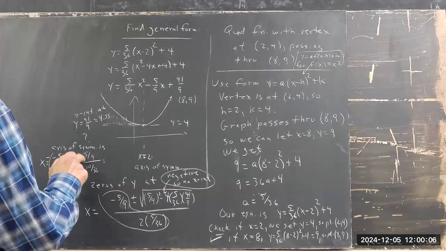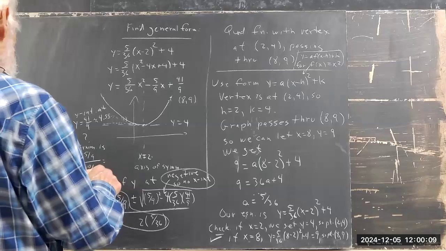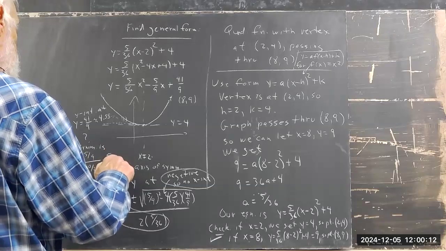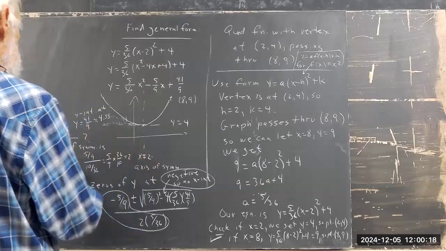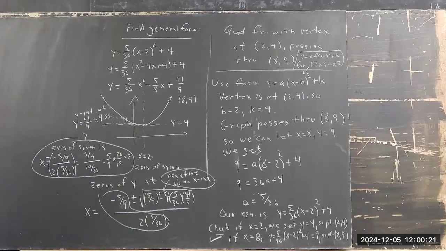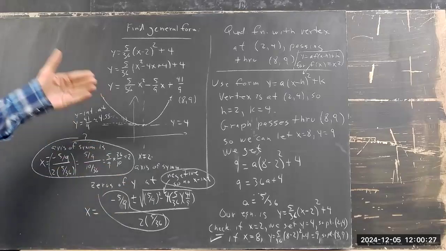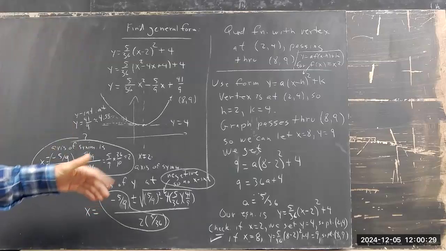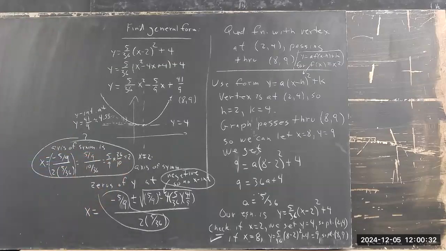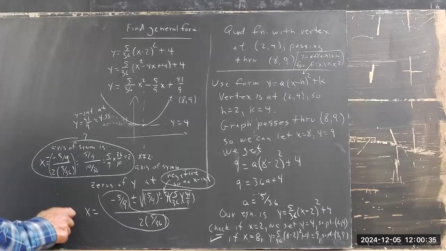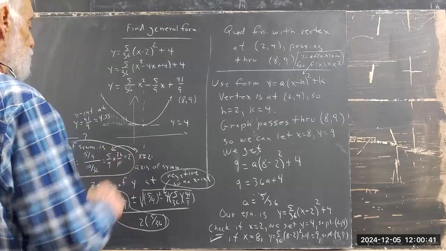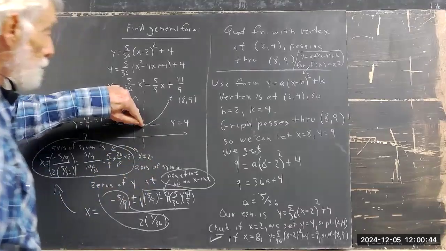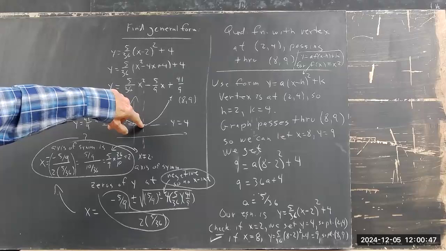So I'm just going to take the two negatives here and make it positive. That's 5/9 times 36 over 10. 9 goes into 36 4 times, 5 goes into 10 twice, so we have 4 over 2, which is 2. This tells us the axis of symmetry is this, and this is the same as this. We already know because we chose this as the vertex. Make sense?